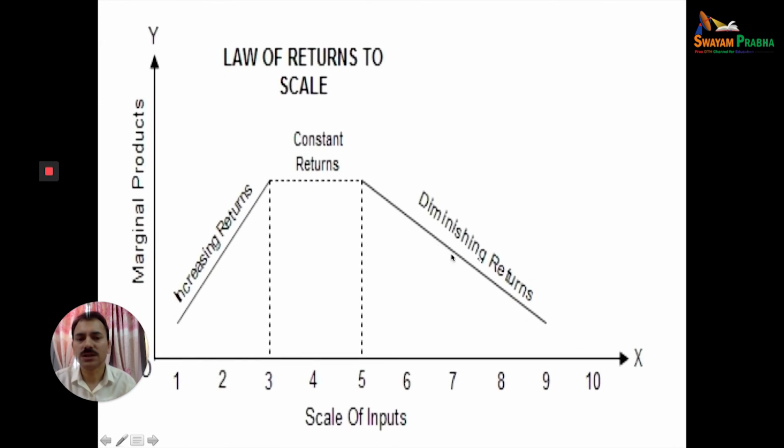Whereas diminishing returns means as inputs change, the marginal returns are diminishing. Here, diminishing returns to scale.